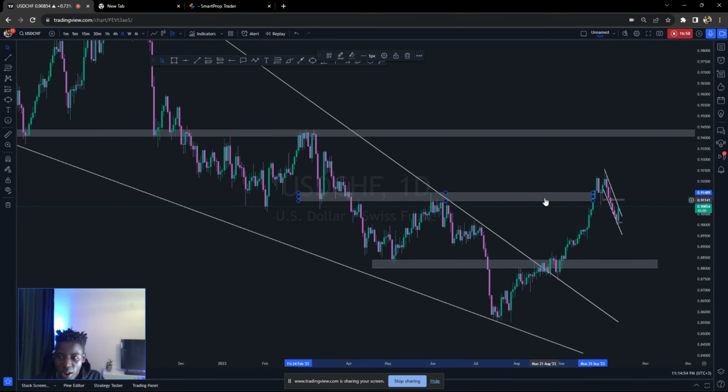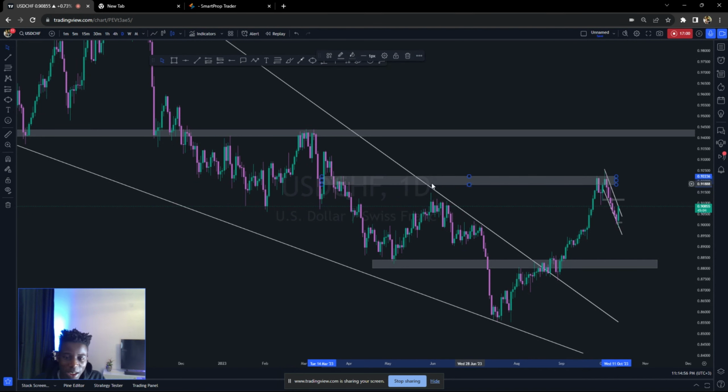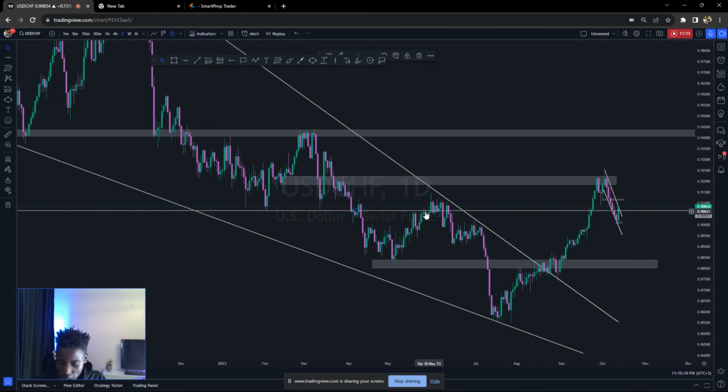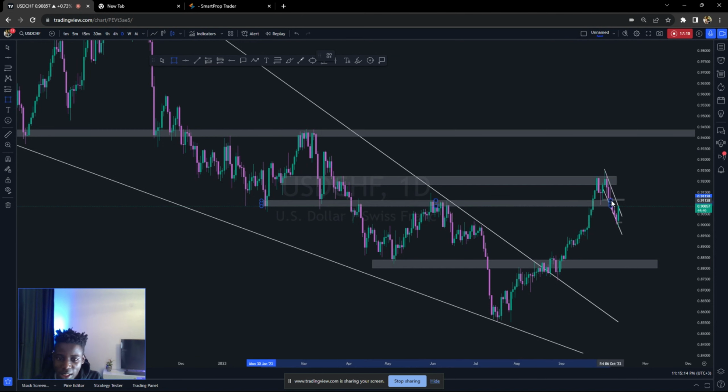If you realize it well, we are having this support here. It is a very tested support inside. I call it internal support. So we had another support here. Then I saw that the market is pushing at a high level.